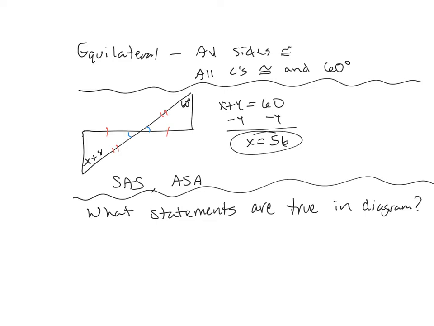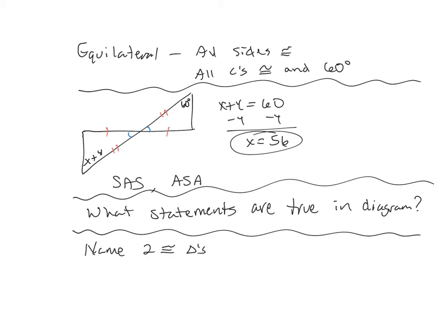This is congruent to that. Is that true in the diagram? This triangle is congruent to that triangle. Is that true? Okay, so it says statements. That means there'll be more than one. Okay, and then you'll have one that'll say name two congruent triangles in a diagram.